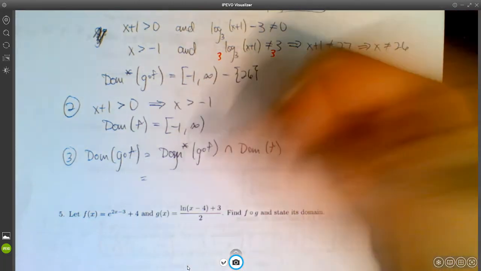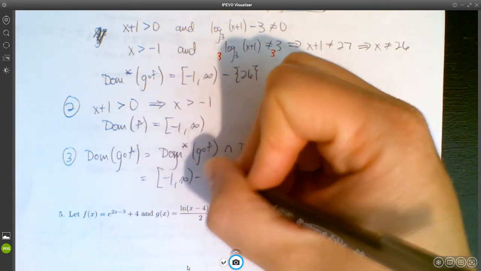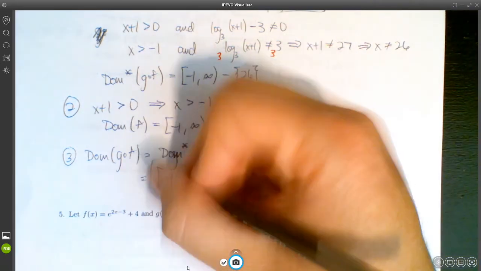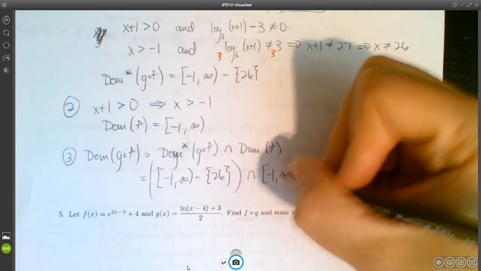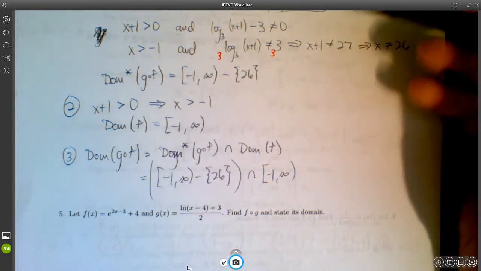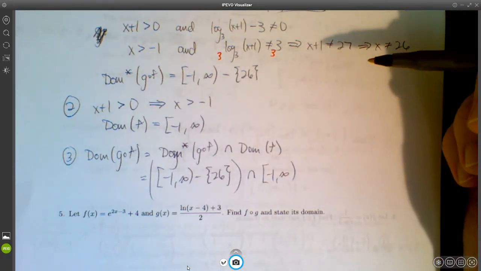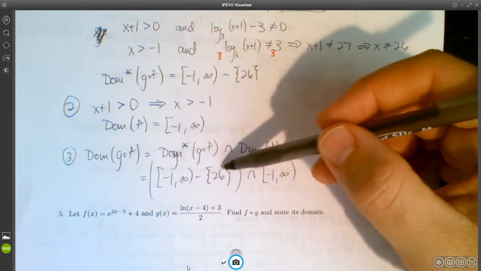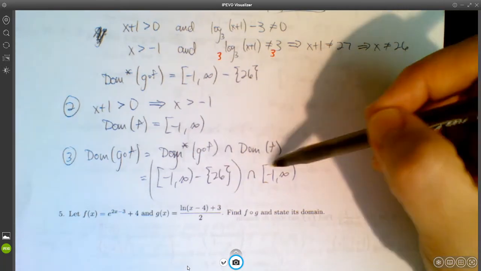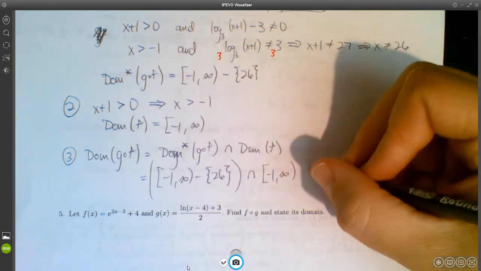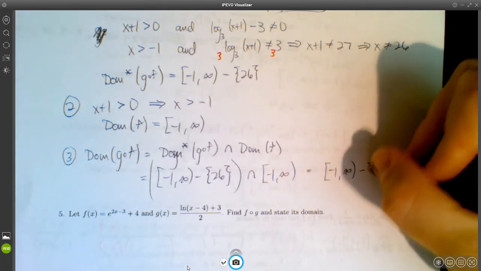Domain star of g of f was negative 1 to infinity minus 26, intersected with negative 1 to infinity. That intersection is just going to be negative 1 to infinity minus 26, because 26 can't be in the intersection since 26 isn't in the first set. But every other number in this interval is in this set. So this is just negative 1 to infinity minus 26.